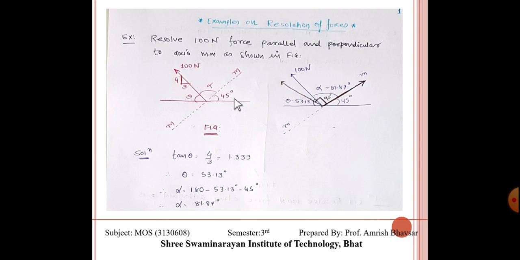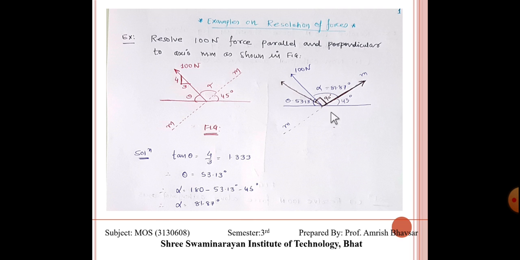The total angle is 180 degrees minus this 45 and this theta, and we will get alpha. Now parallel to the mm axis is this one force, and perpendicular means exactly 90 degrees, this force is our second force perpendicular to the mm axis.